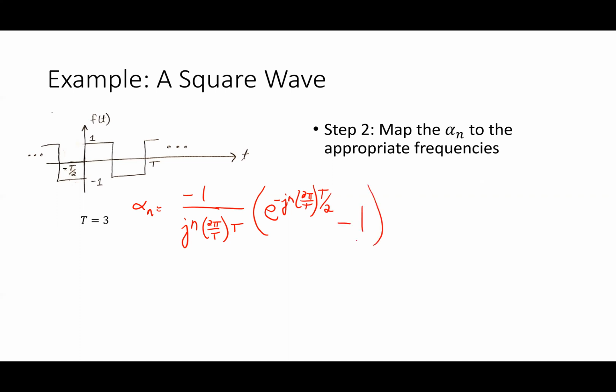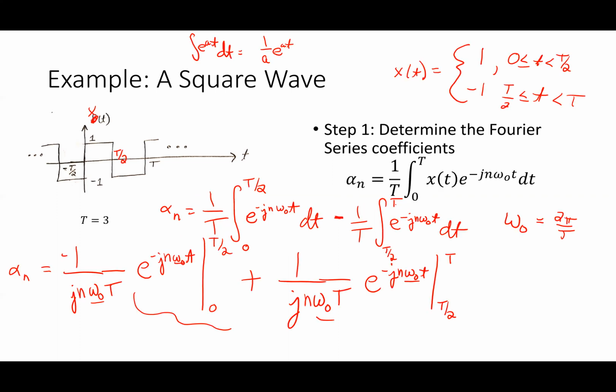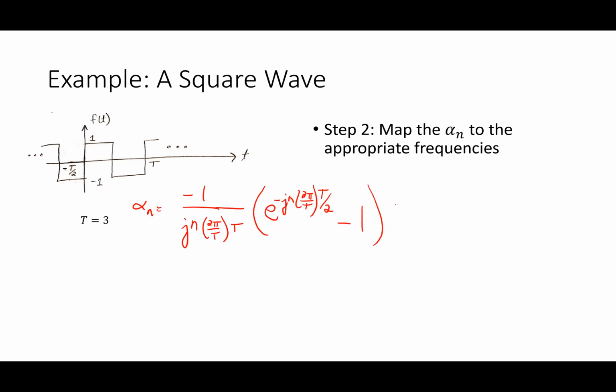Okay, if you want to see the details on that, you can go back and look at the connection between those slides. The other one is going to work out to be plus j n omega naught capital T, 2 pi over T. I don't want to get too bogged down in just deriving stuff.